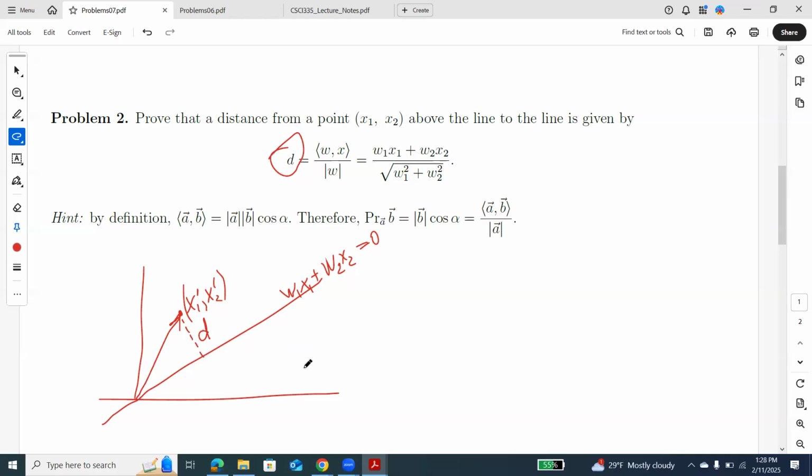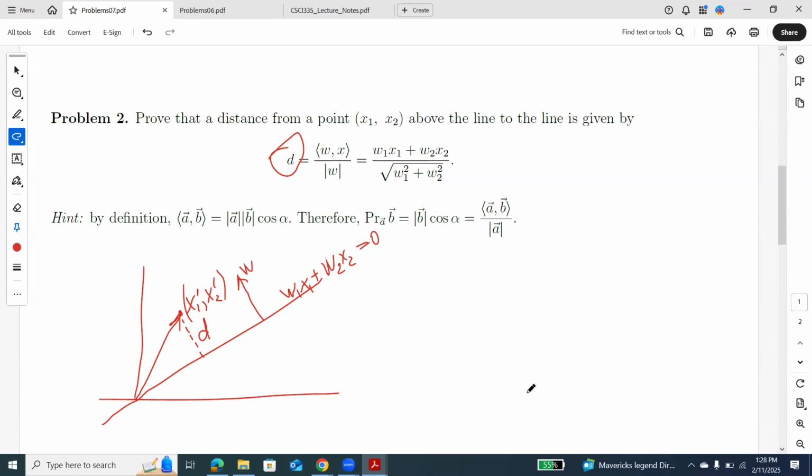What we know from the previous problem is the vector perpendicular to our line, which is W. So how, using x prime and W, do we find the distance?